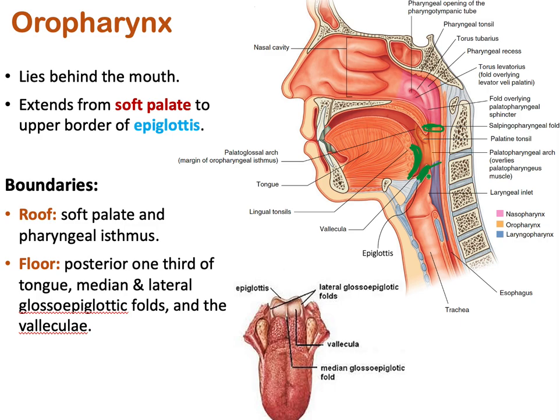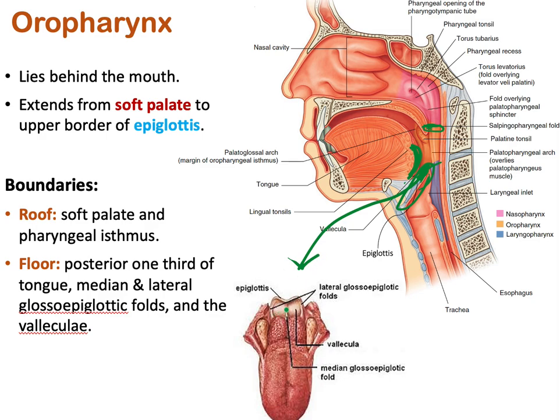There are folds and a space. Let me show you where it is. If you look at the tongue, this is the anterior 2/3 of the tongue, and this is the posterior 1/3, right? And this is the epiglottis that you see here.